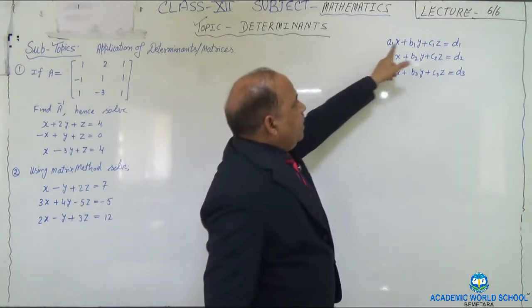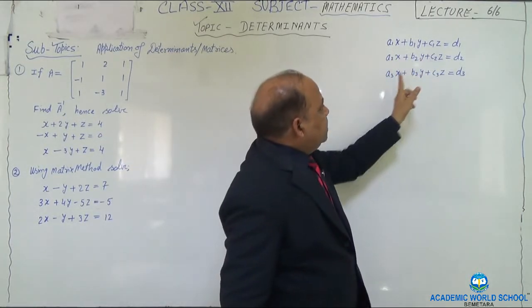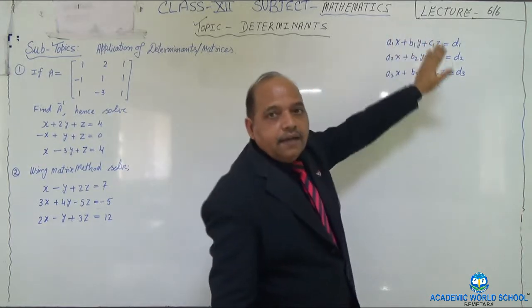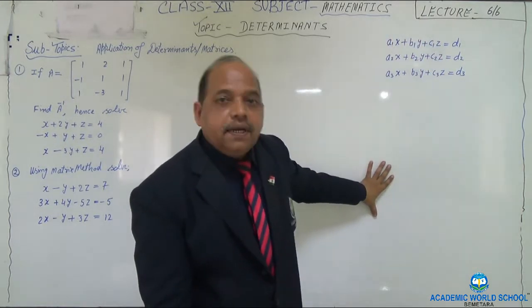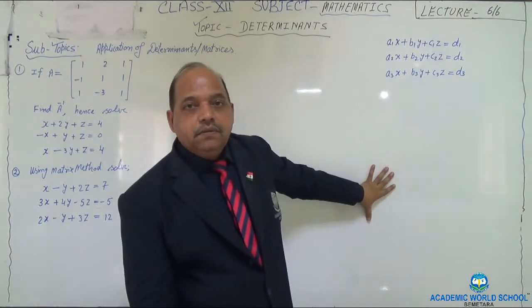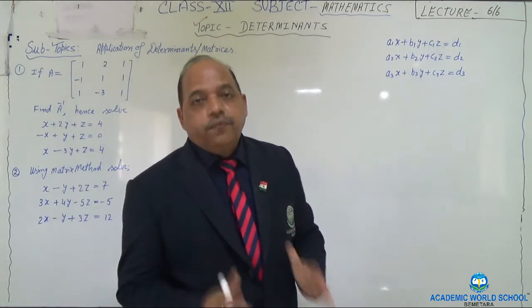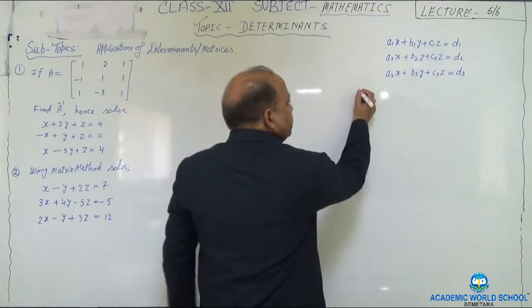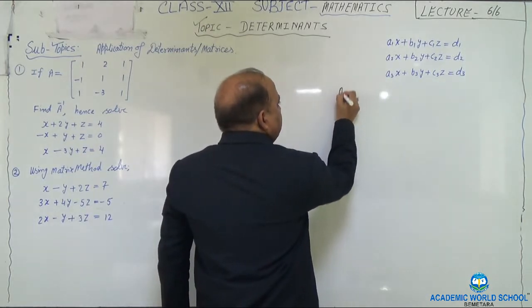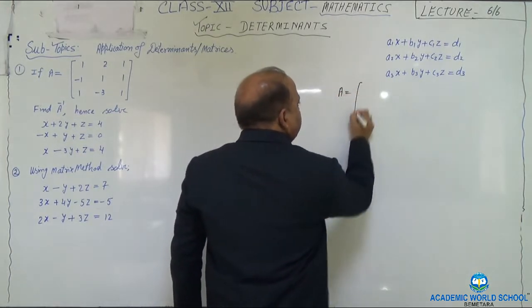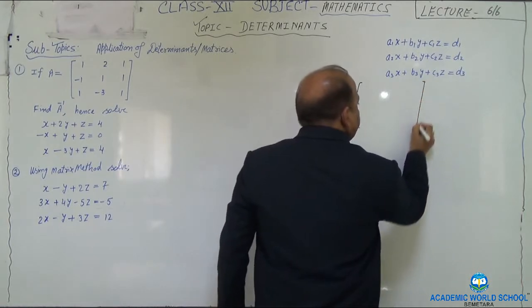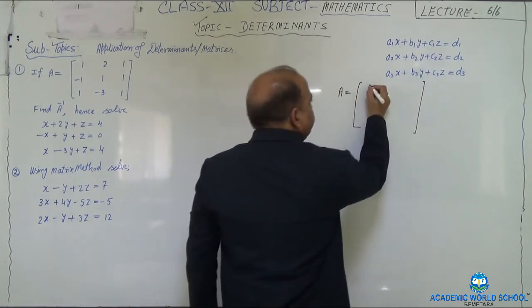Look at this, A1, B1, C1, A2, B2, C2, A3, B3, C3 are representing the coefficients of the variables. So I am going to construct a matrix of coefficients. Let's say it is denoted by capital A. Capital A stands for the coefficients matrix. So what is that?